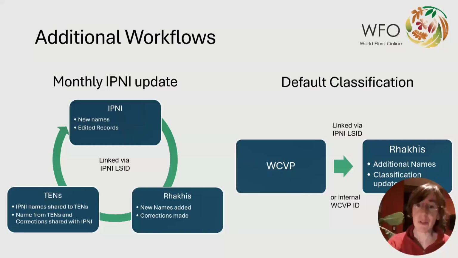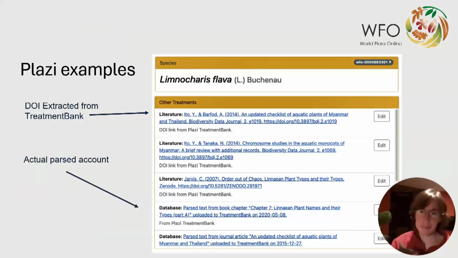This is a source of additional names and updates to the classification, and in many cases our TENs use the WCVP data as a baseline from which to begin their editorial work. In addition to IPNI and WCVP, we've also begun importing information from Plazi, which we expect will help the TENs in their work while growing our literature database.